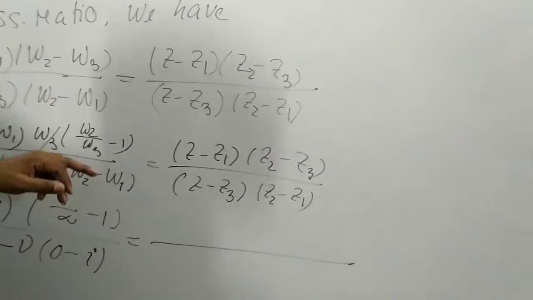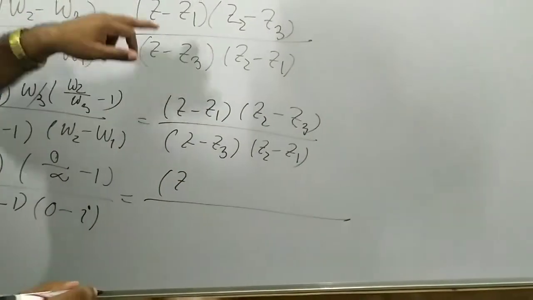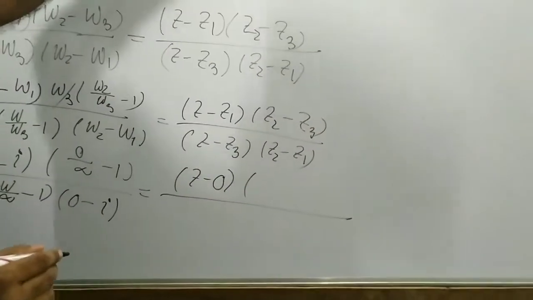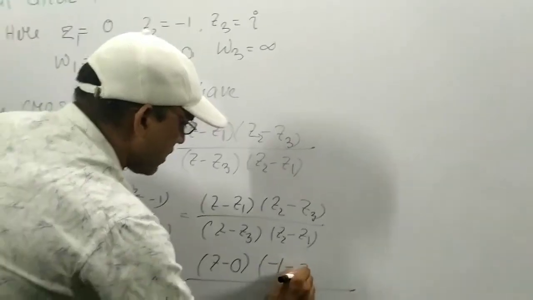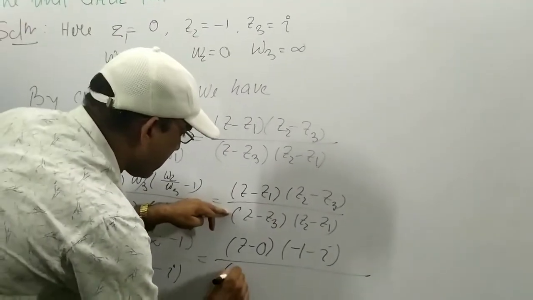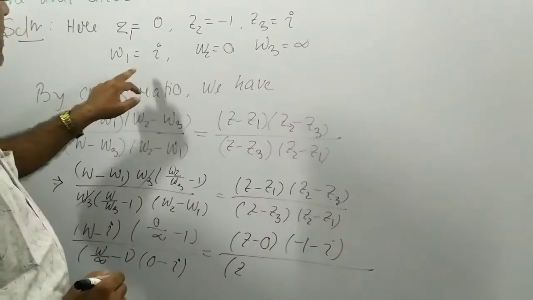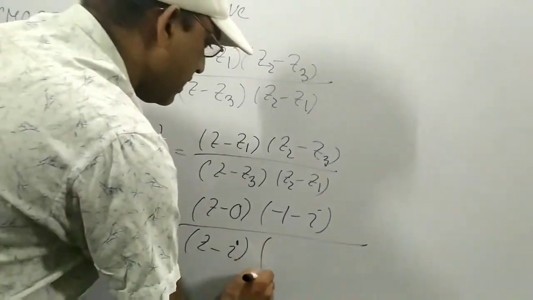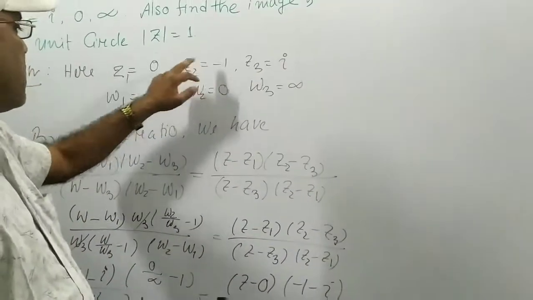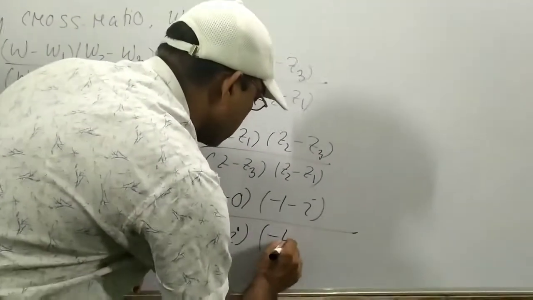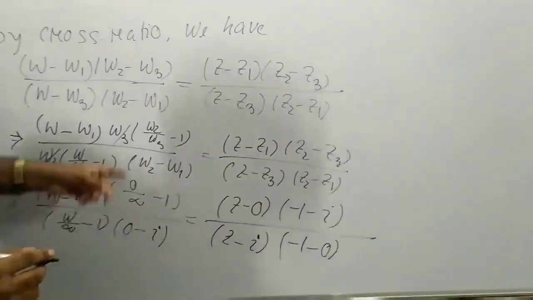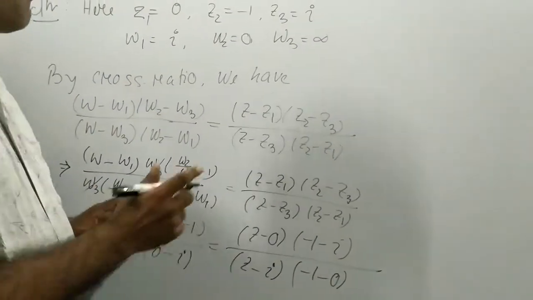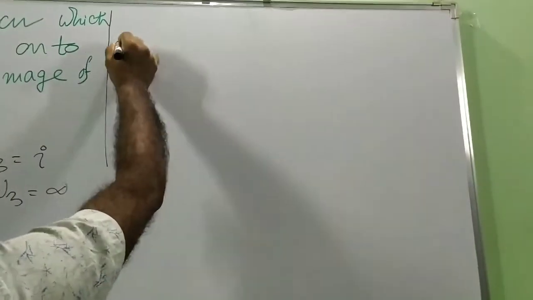On the right hand side, z minus z1, z1 is 0, z2 minus z3, that is -1 minus i, z minus z3, z3 is i, and z2 minus z1, that is -1 minus 0. So just putting the values we get this. So this line is clear, no problem, we can easily solve this one.